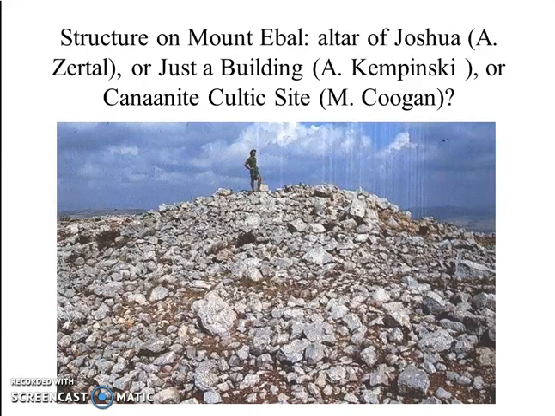It doesn't have anything to do with an altar of Joshua. But then another scholar, Kogan, comes along and says, well, maybe it's an altar, but not an Israelite one. Maybe it's a Canaanite cultic site. And thus you get three different interpretations of the same data.